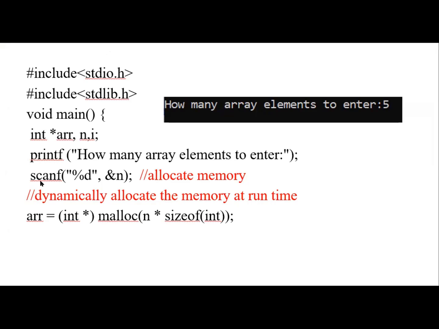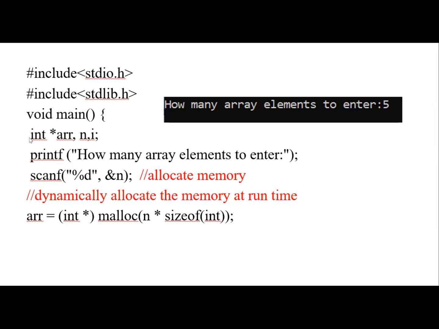When we use these two, we have to include this file, meaning it is being imported or borrowed. The malloc function is retrieved from the file stdlib.h. So if you are using malloc, make sure you include this header file.